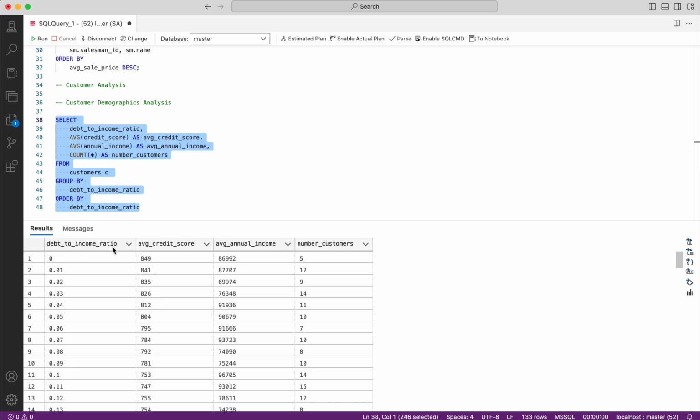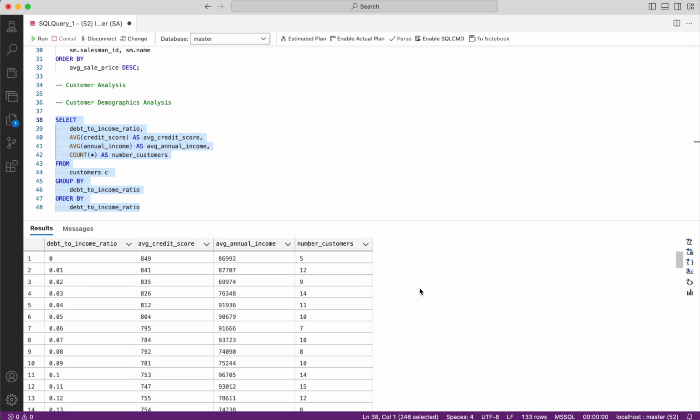We've got debt to income ratio, the average credit score, the average annual income, and then we can also see how many customers fit this criteria. So we have 5 customers that fit the criteria of this income average, this average score, and a debt to income ratio of 0%, 1%, etc.